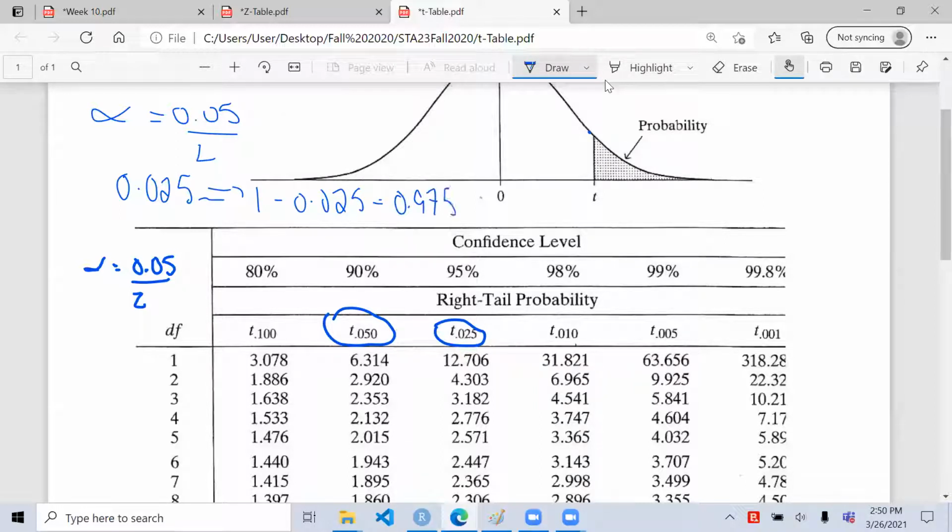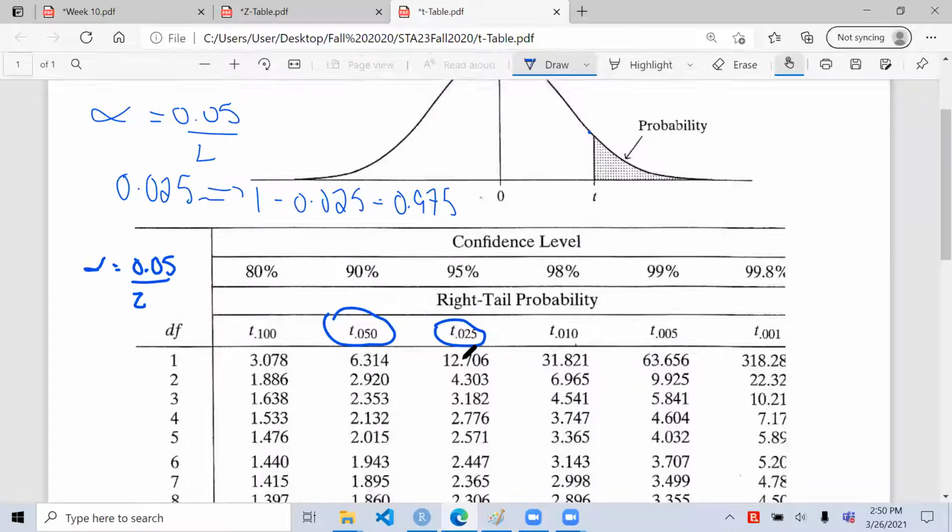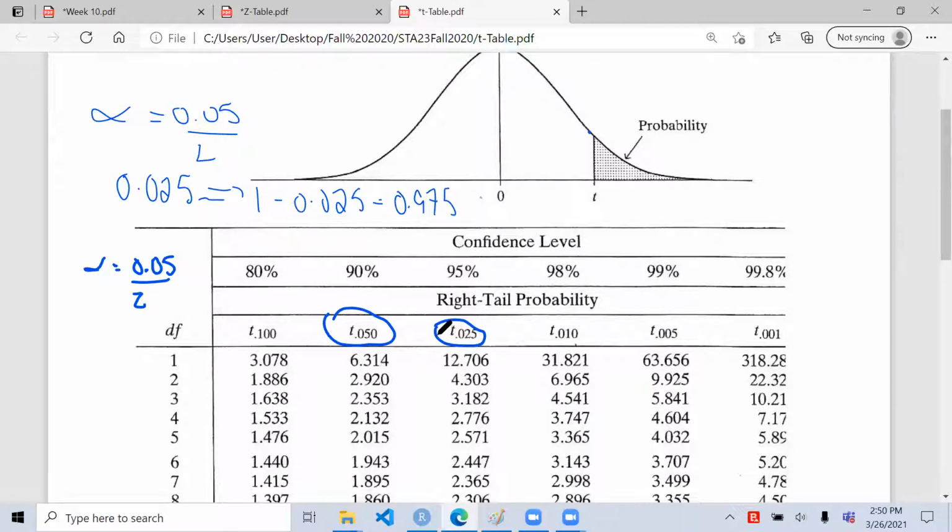So look at the 97.5 percentile. That's what you see here. That's the T statistic you're looking at. It's looking at the upper tail here. So this 0.025 is really T at the 97.5 percentile. It's the upper 2.5%, basically.